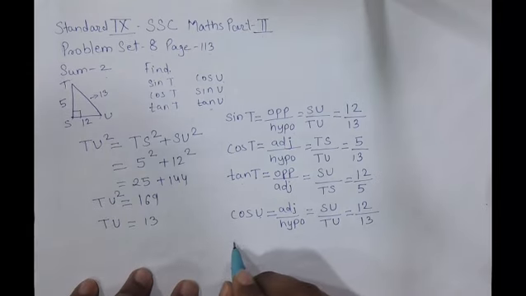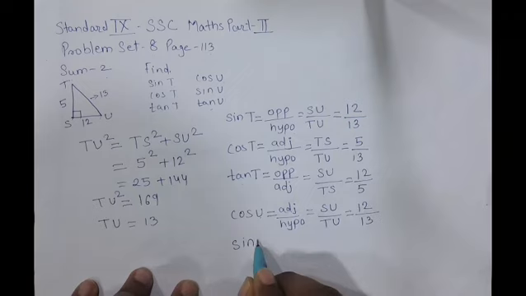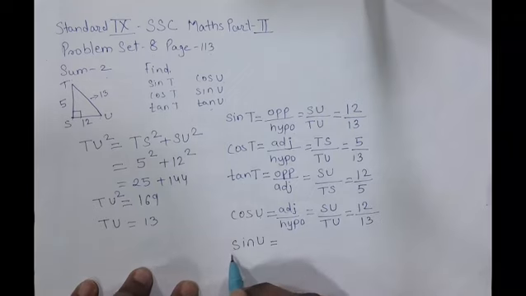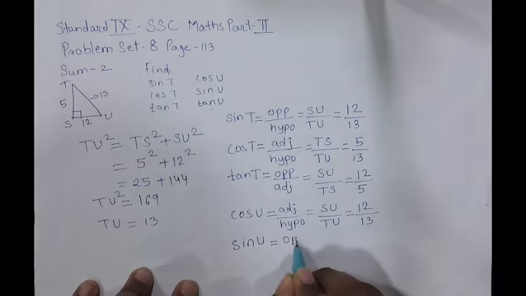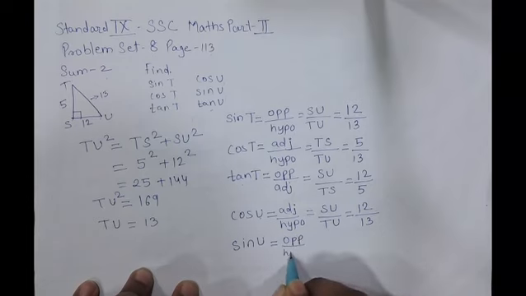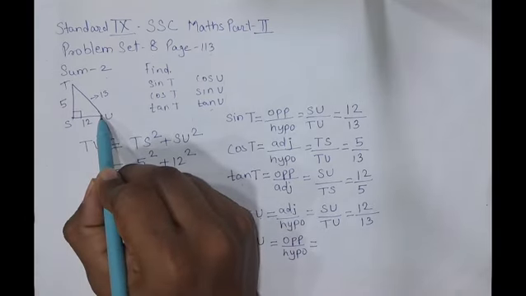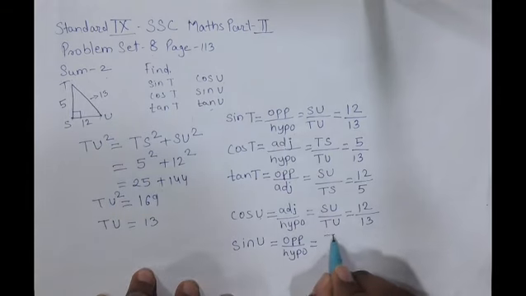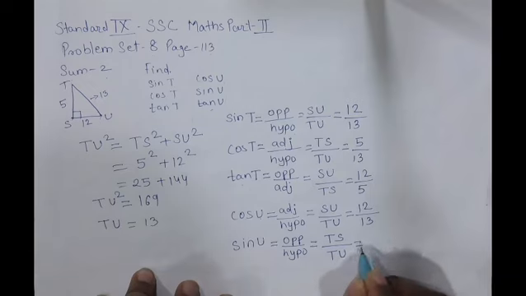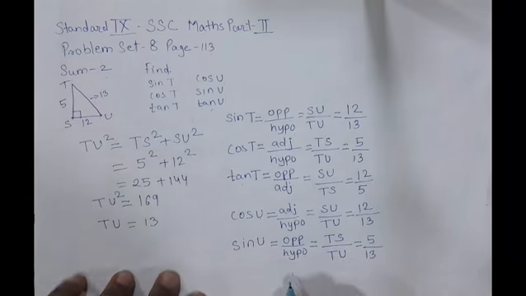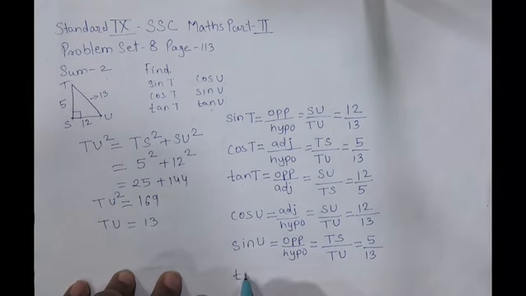After that we need to find sin u, which by definition is opposite upon hypotenuse. With respect to u, the opposite side is PS and the hypotenuse is PU. So PS is 5 and PU is 13. The last is tan u.